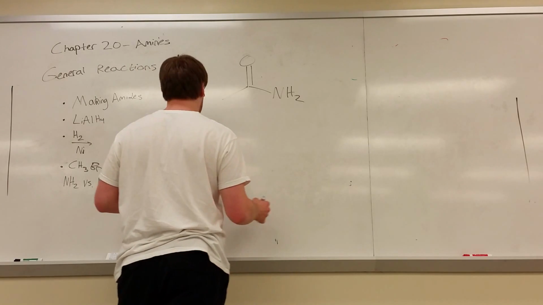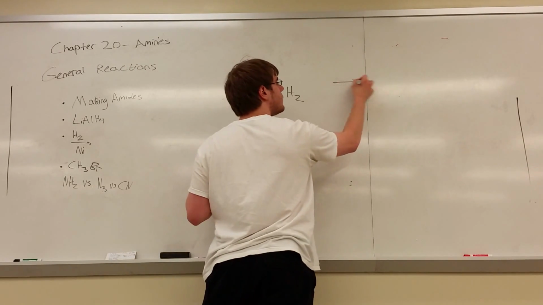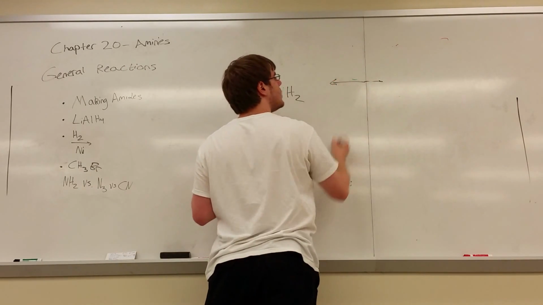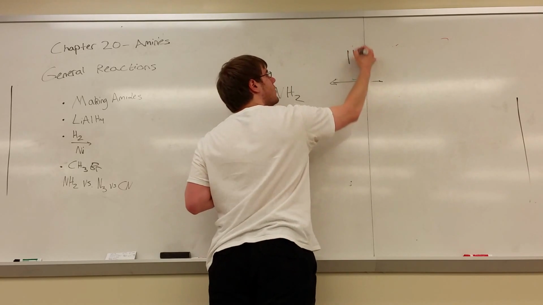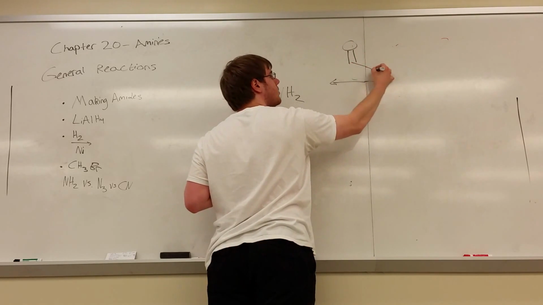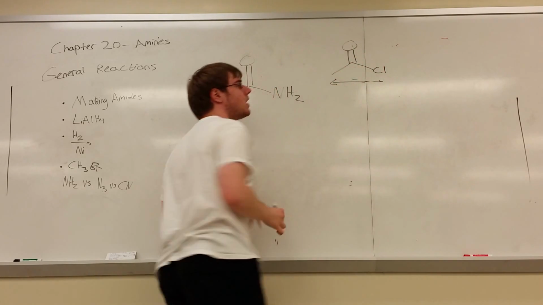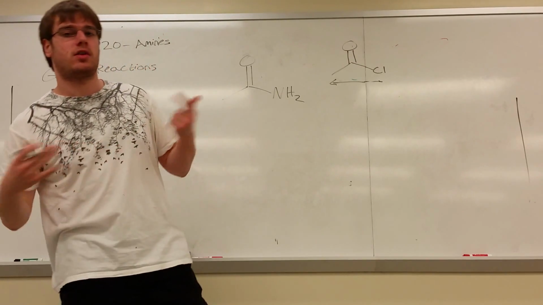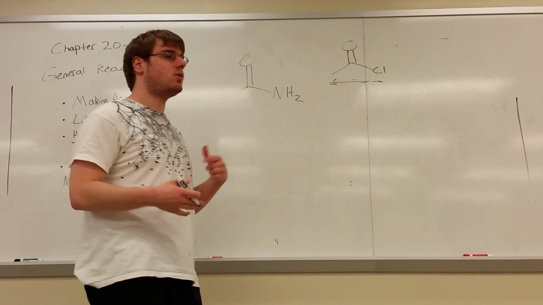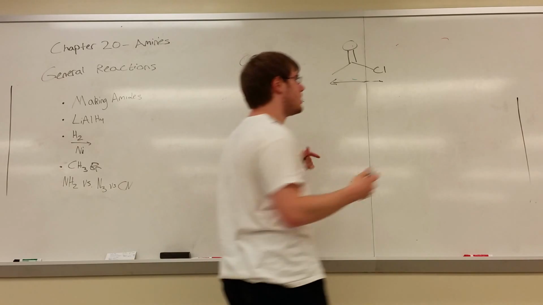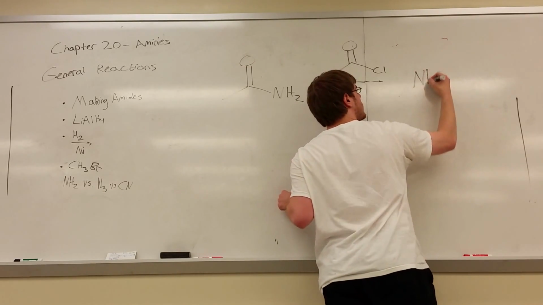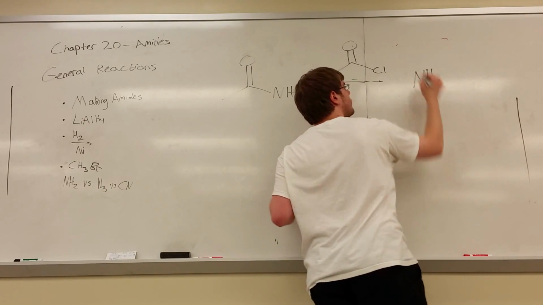Well, the first reaction that you have an option of using is to have a carbonyl with a good leaving group on it and have that carbonyl attacked by the nitrogen group you want to add. If it's NH2, you add one hydrogen to that. So I want NH3 to attack this molecule.